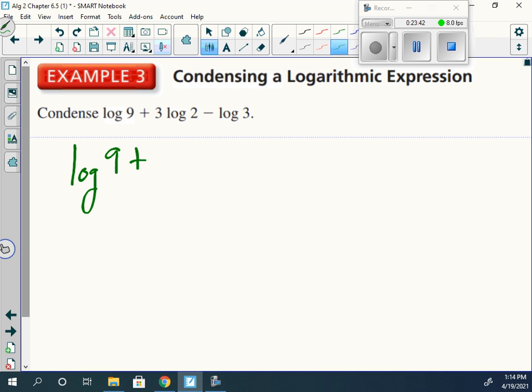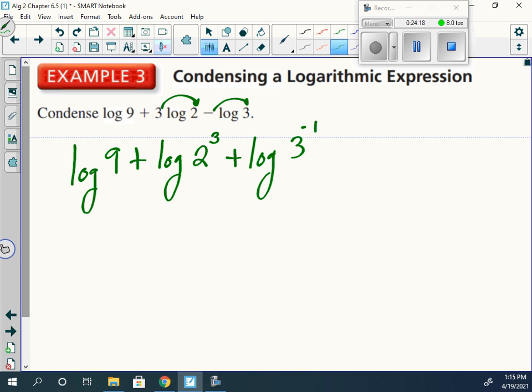But our middle one, 3 log of 2, we can move the 3 back up into an exponent, which gives us log of 2 to the 3rd. And the last one we have is minus log of 3. We can pull that negative up, which would just give us plus log of 3 to the -1, because we pulled the negative up into the exponent, so it becomes positive.